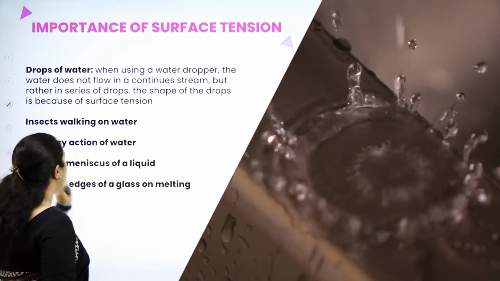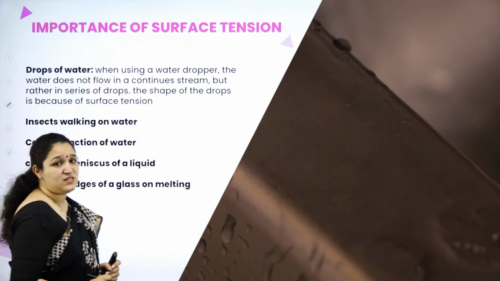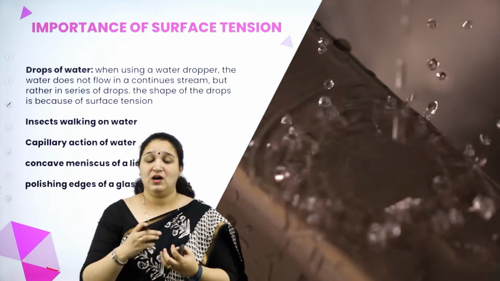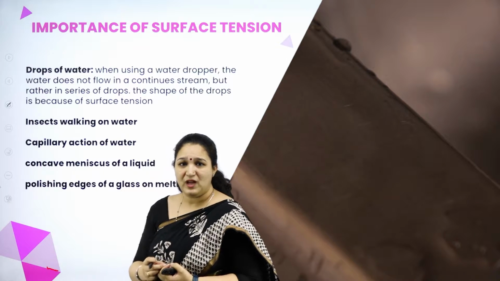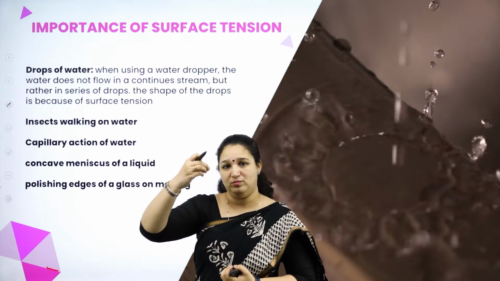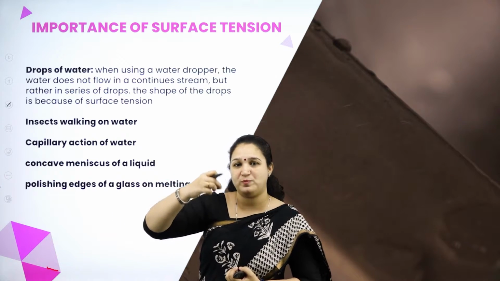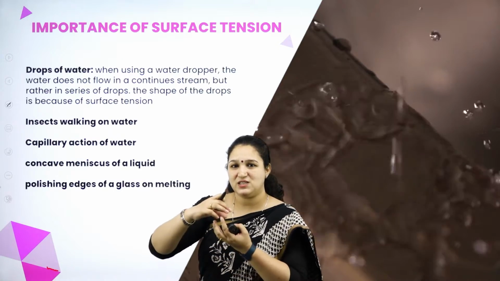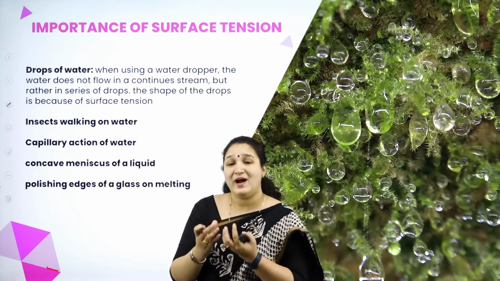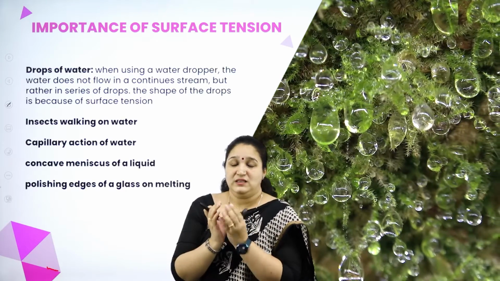Next we learn about the importance of surface tension. Have you all seen a drop of water? When you put water in the form of drops from a dropper, you can see it has a particular shape. Why does it have that shape?